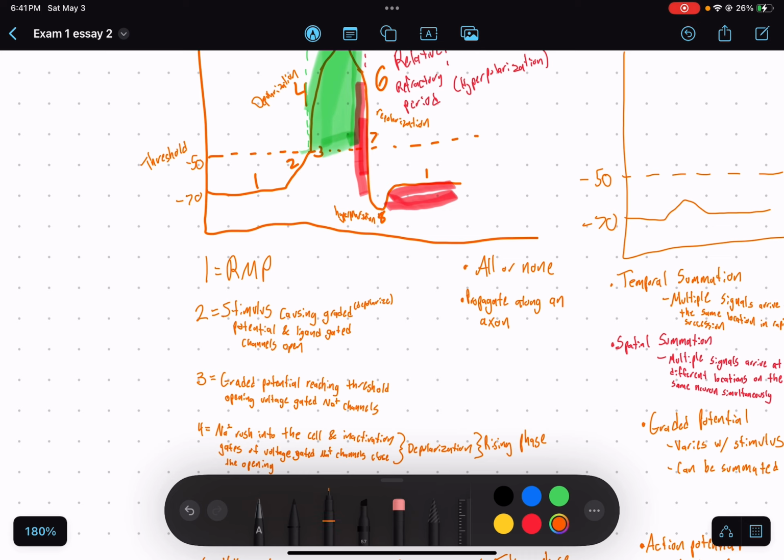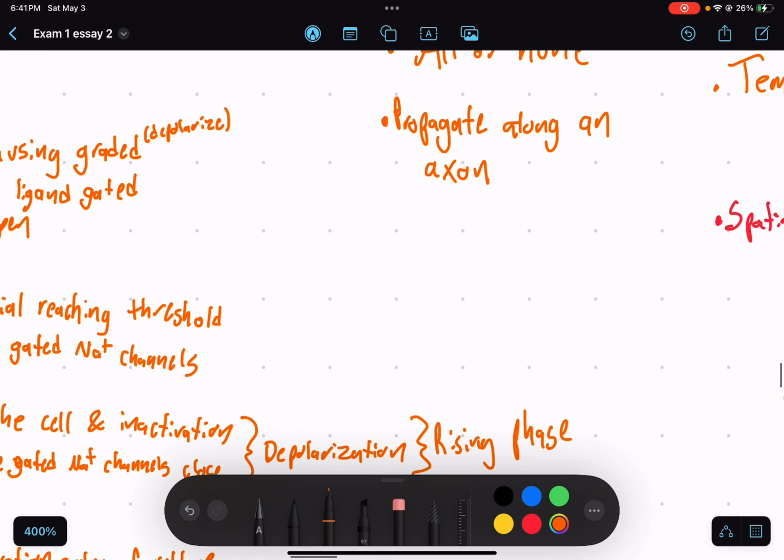And because there is a strong concentration gradient from potassium outside the cell being higher than the concentration of the potassium inside, it's going to flow in really fast.